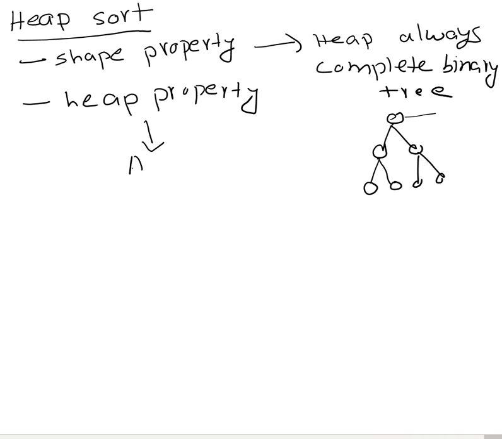all nodes should be greater than or equal to or less than or equal to children, root nodes. All nodes either greater than or equal to or less than or equal to its children.